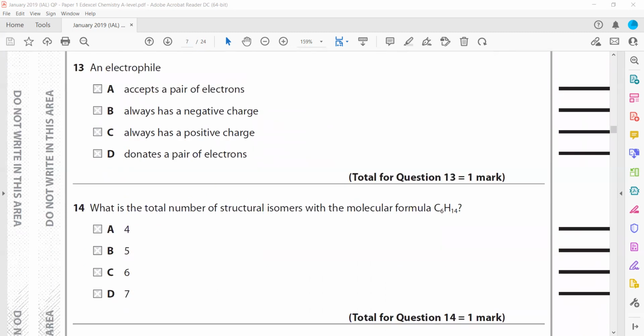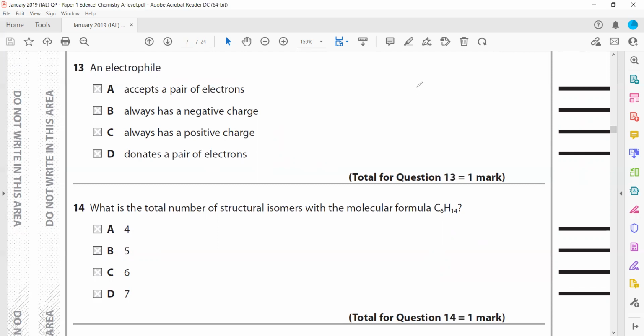Then what is an electrophile? An electrophile is attracted towards the electron-rich side, because electrophile refers to an electron-loving group. So they are attracted towards electrons.